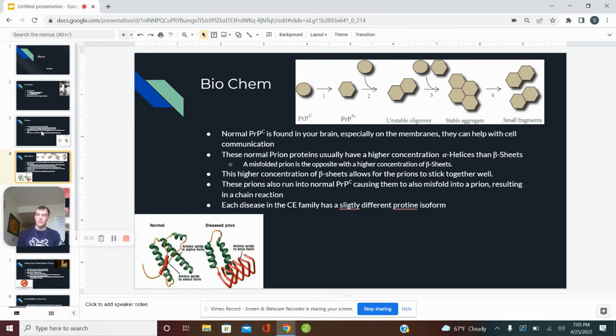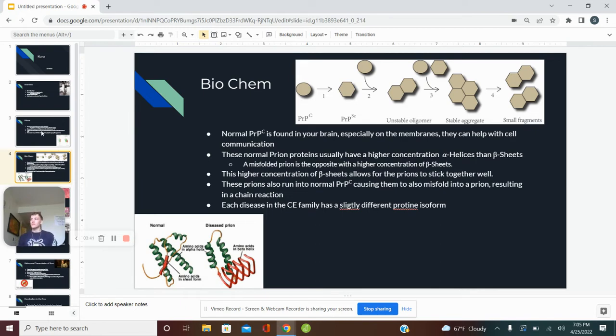So this normal protein has a higher concentration of alpha helices and a lower concentration of beta sheets. This is some of the structure of the protein, and it's how your DNA actually organizes it. It's how your DNA is written to create the cell like it is.